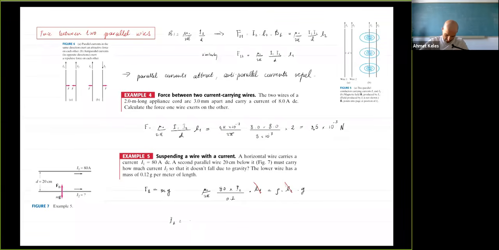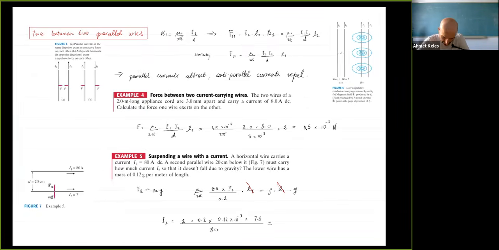This is going to be 2 times 0.2 times rho, which is 0.12 times 10 to the minus 3 kilograms, times 9.8, and this whole thing is divided by 80. So let's do this. Did I take everything into account? Hopefully I did.